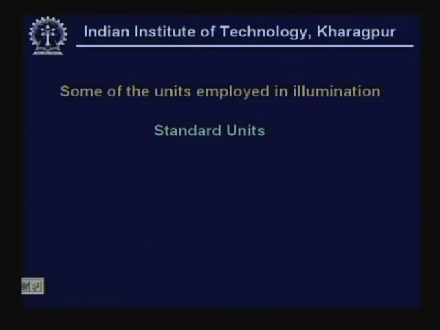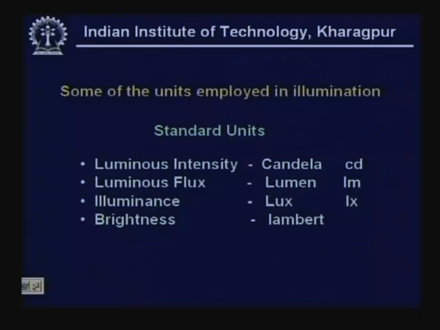Once again, recapping the standard units which we employ in illumination. One of the fundamental things is the radiation ability, which we define as luminous intensity, standardized as candela, abbreviated as cd. The next most important thing is the total light output, the luminous flux, lumen.